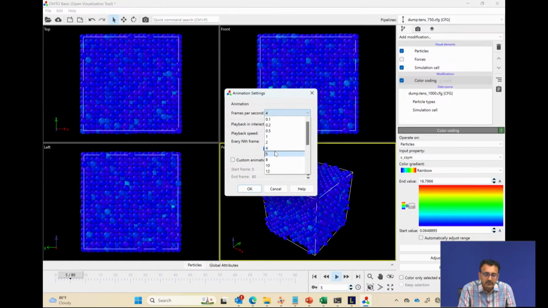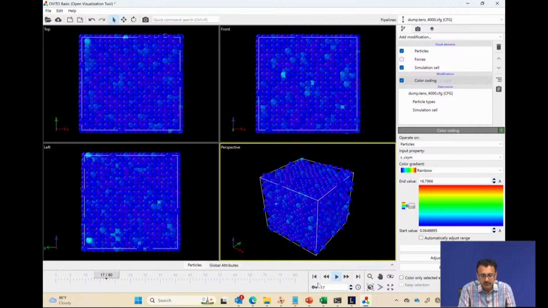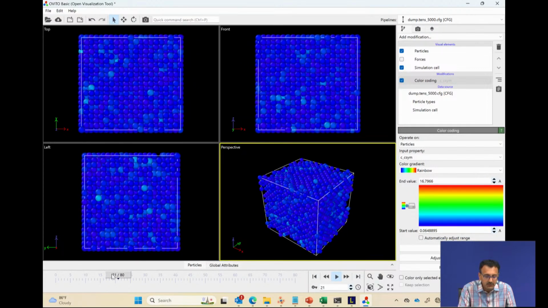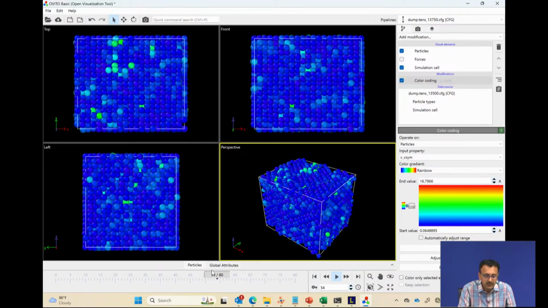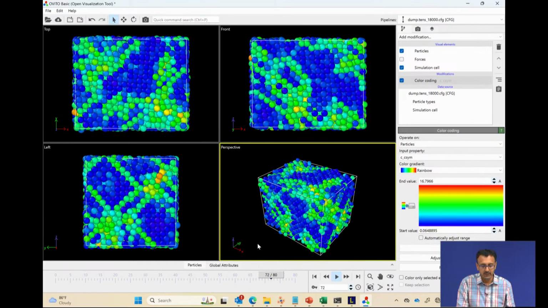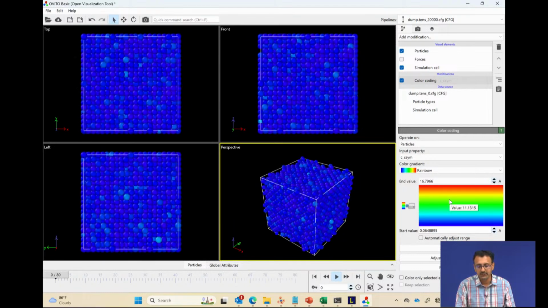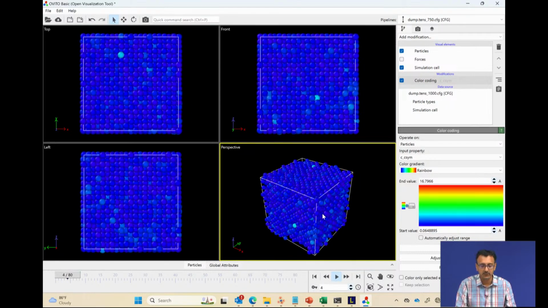Let's make it 2 frames per second, slow down the animation. As we reach a certain stage of the simulation where the plastic deformation and the dislocation starts nucleating, you see the color code changes to a high number, which is basically telling us the location of that dislocation.